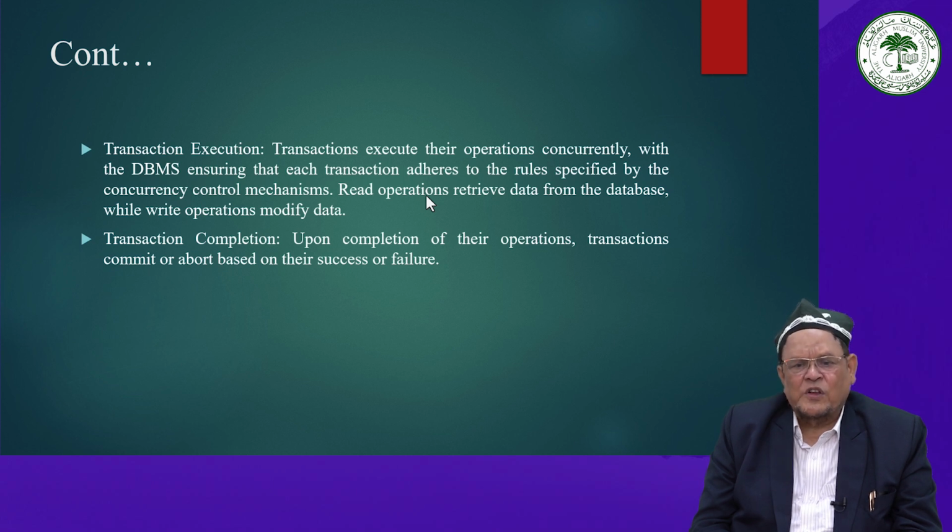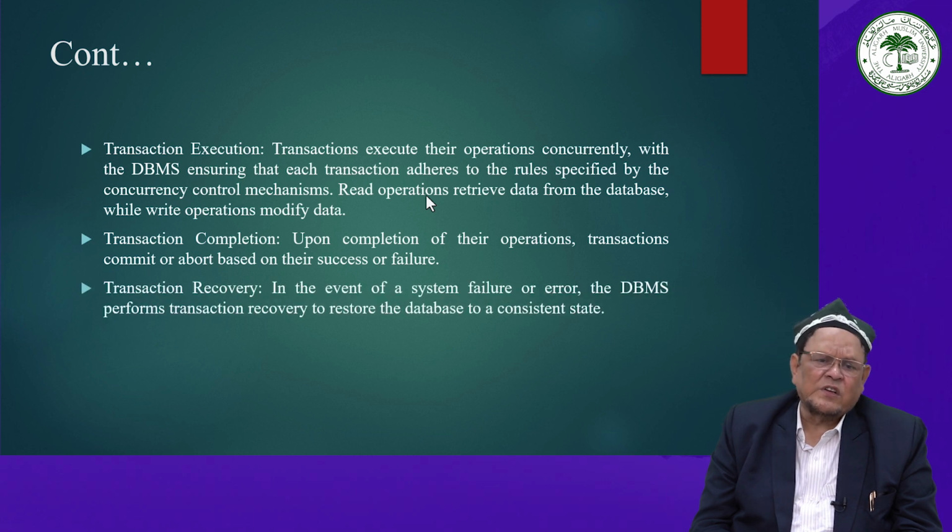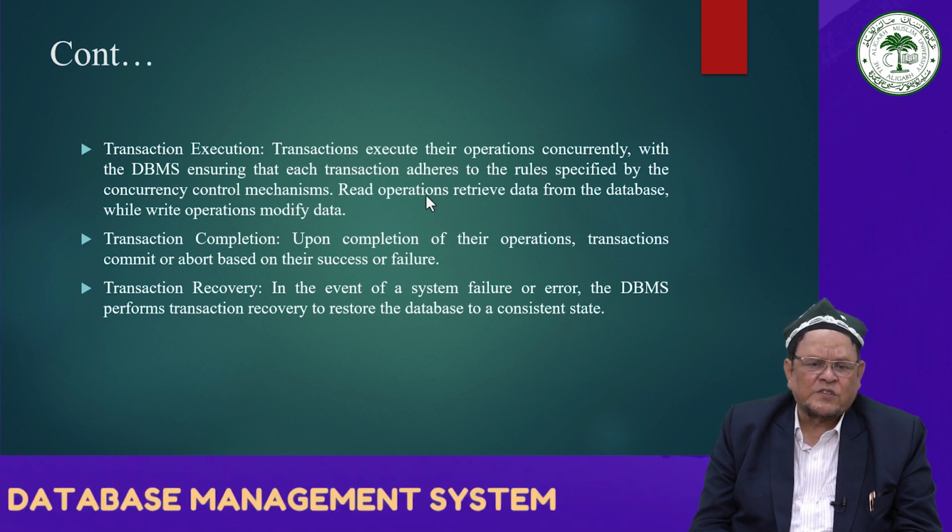On the completion of their operation, transactions commit or abort based on their success or failure. Then transaction recovery. In the event of a system failure or error, the database management system performs transaction recovery to restore the database to a consistent state.